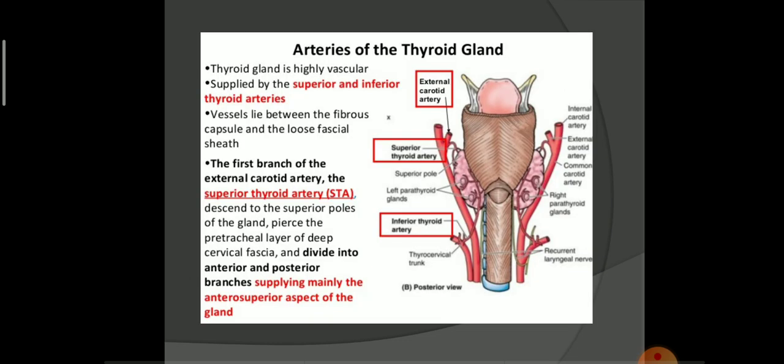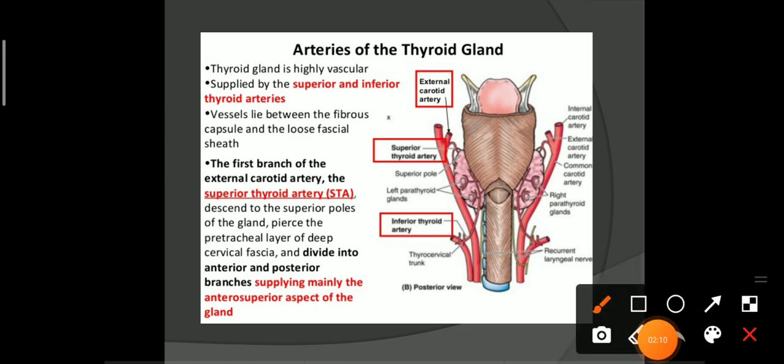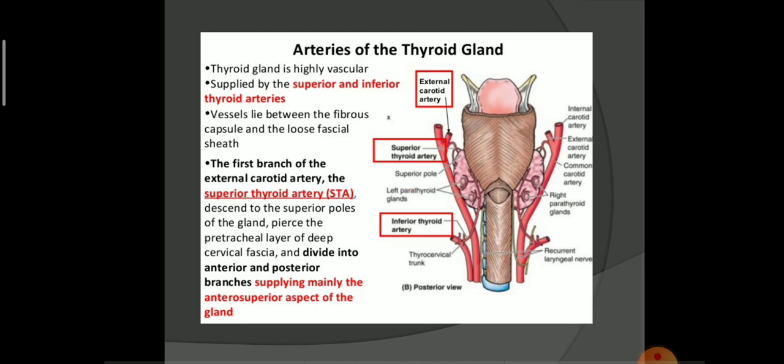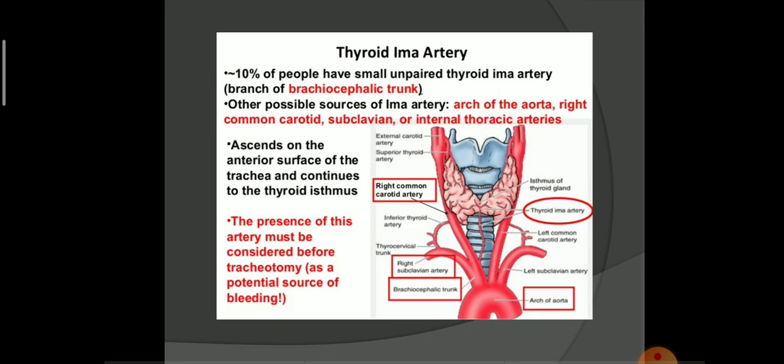Coming to arterial supply, venous supply and nerve supply of the thyroid gland. The arterial supply is mostly of two thyroid arteries, that is the superior thyroid artery and the inferior thyroid artery. Occasionally, in 10% of people there is a third artery called the thyroidea ima artery.